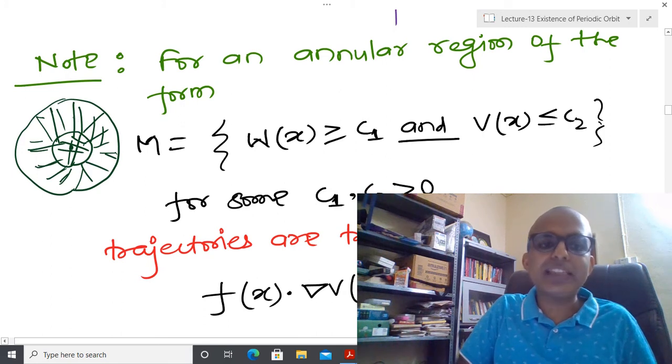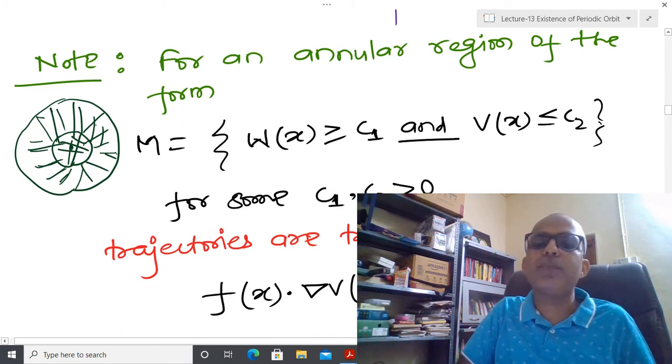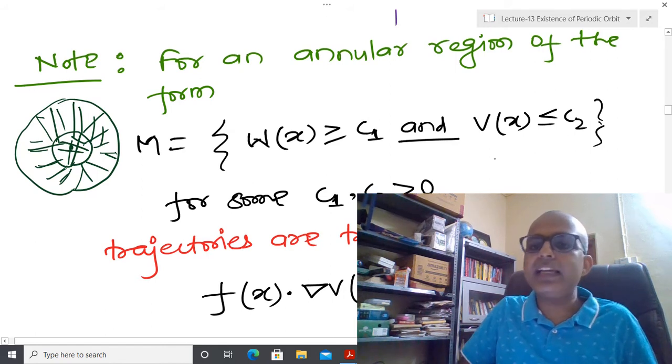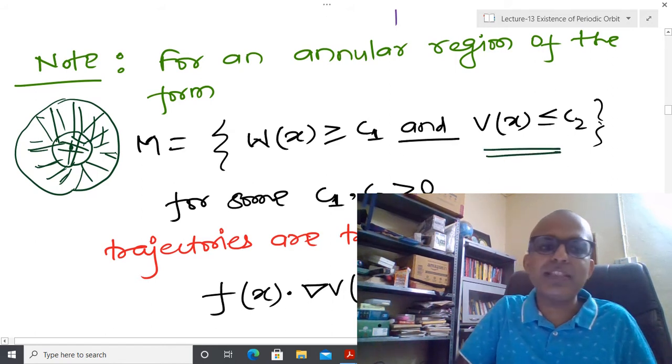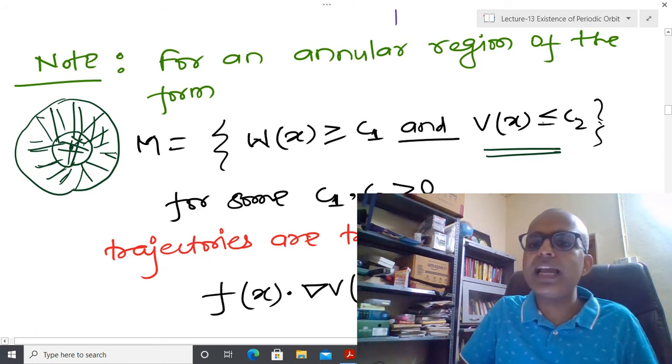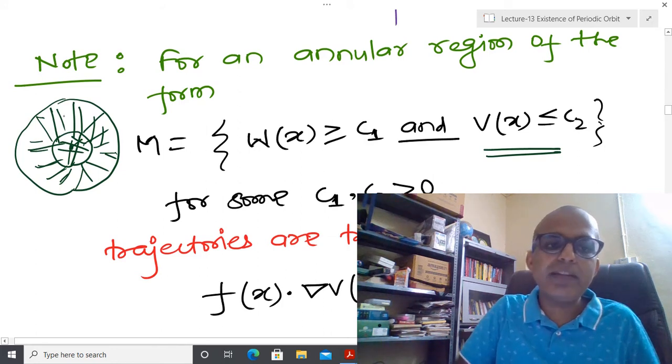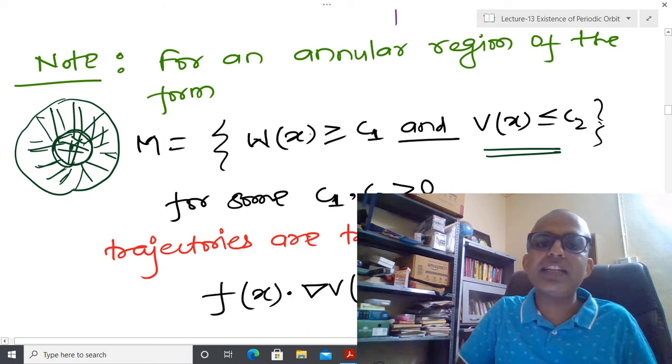Now we are going to check whether inside this region I have some kind of periodic orbit or not. If you initially just write like this, it means that 0 is also included. But if you write V(x) less than or equal to c2 and W(x) greater than or equal to c1, where c1 and c2 are both positive, then this particular region is defined.